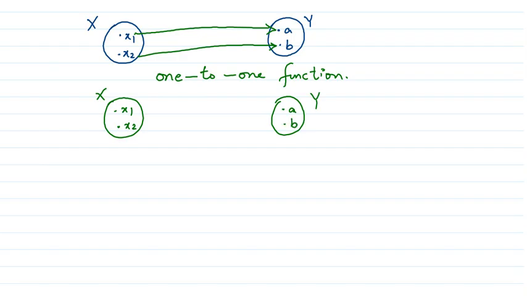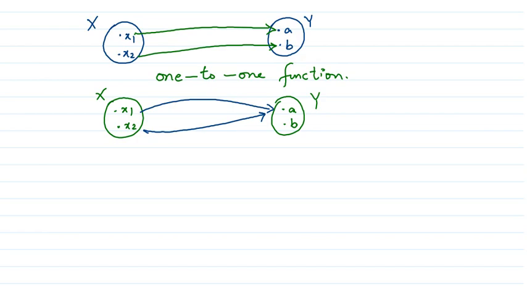If I map x1 to a and x2 is also mapped to a, then you can't say that it is not a function. It is definitely a function because it fulfills both requirements here. All values of X are mapped onto Y, and there is no value of X that is mapped to more than one value of Y.